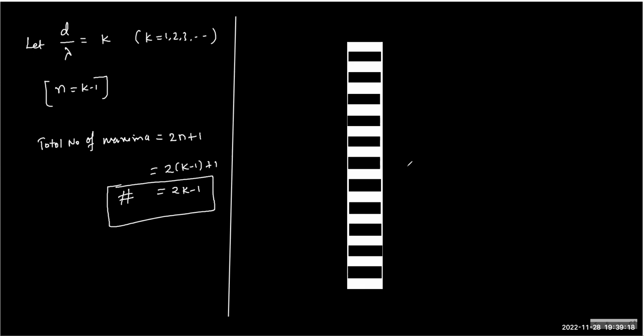So if central brightness is there, as we know, let's say we have 1, 2, 3, 4 maximum, 5 maximum. I have done one extra.